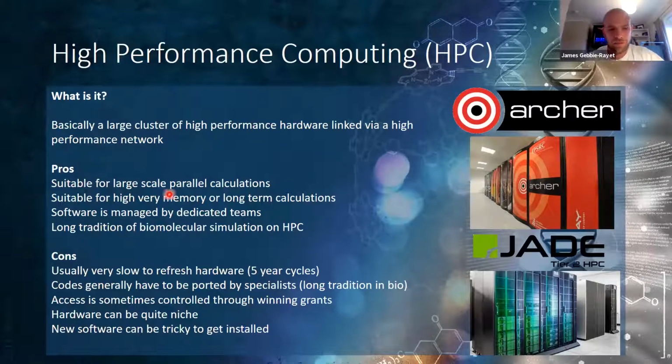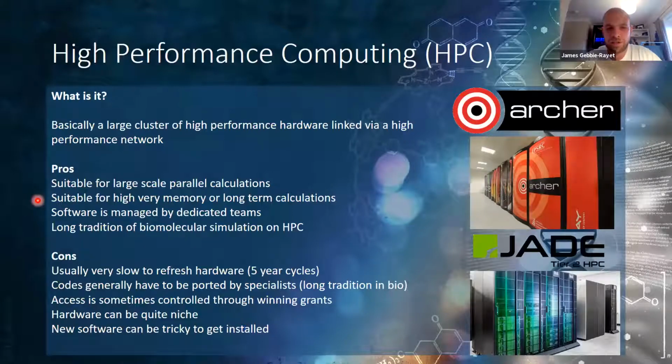So some of the pros of HPC. If you're doing really massive simulations, you can parallelize across many, many nodes, so something that might take a month on your desktop, you could probably have done in less than a week if you parallelize across maybe a couple of hundred nodes or something like that, provided the system makes sense for the scaling level.